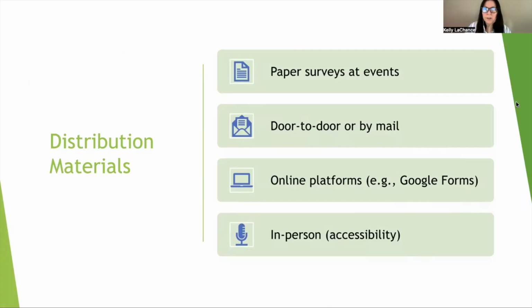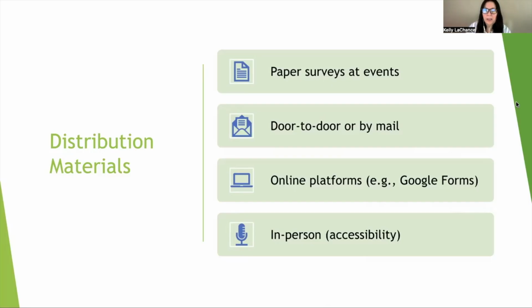So when you go to different events or even plan events, you can have paper surveys available. And if within your community, door to door or by mail would be a great way, you could also do this as well. So you want to be thinking about what is the best way to get this information to your community.